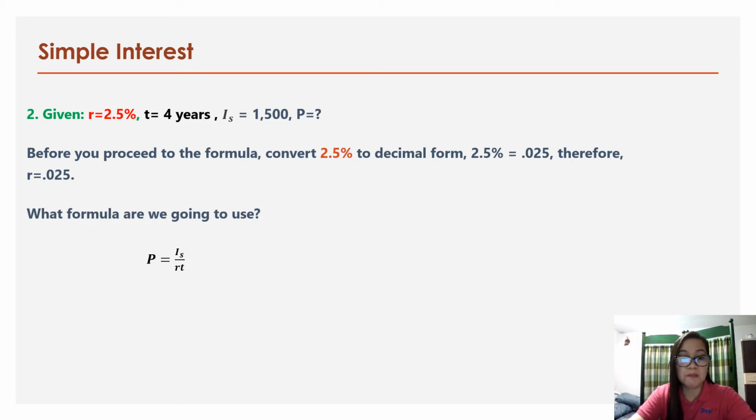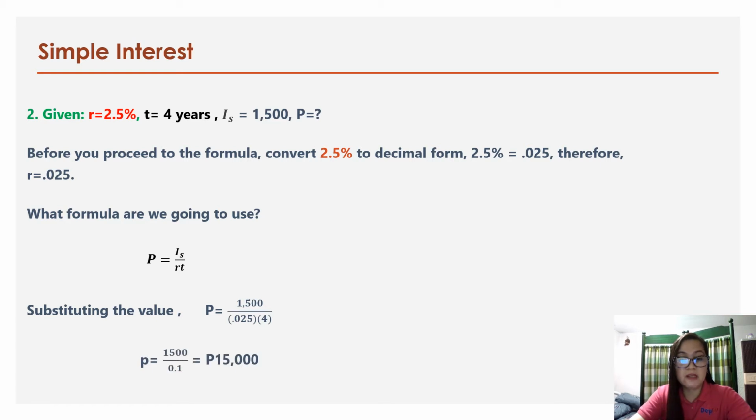What formula are we going to use? We will use P is equal to I sub S divided by RT because there is data on I sub S, also data on rate, and data on time, which is 4 years. So substituting the value, we get P is equal to 1,500, which is the value of I sub S, divided by 0.025 times 4 years.